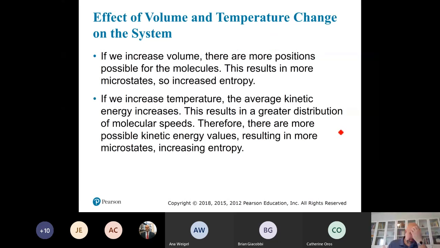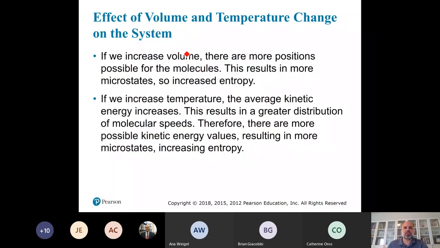We're not able to take a picture and measure the energy of each individual molecule and where they each stand in space, both before and after. But we can do that through other terms. We can look at the volume of a system. We can measure the temperature of a system and get overall averages.